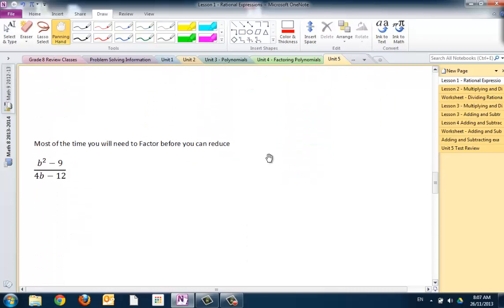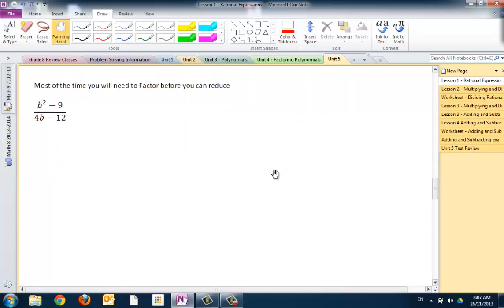So how do I go about handling this correctly? So here's the exact same example. And in our unit, you are going to have to draw on your knowledge of factoring, and you're going to have to do some factoring of these rational expressions, or at least factoring of the numerator and factoring of the denominator of the rational expressions. So I can take this b squared minus 9, and I can look at that and say, that looks like a difference of squares polynomial to me.